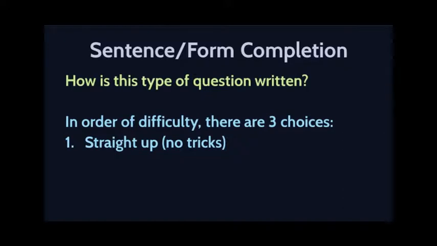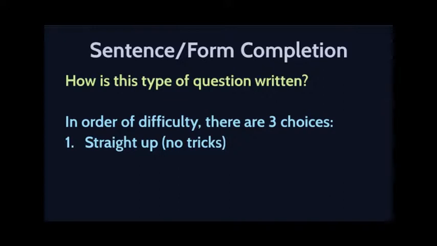There are three choices for the test writer. We can go, and this is the easiest, straight up, no tricks. There's no traps, no difficult spellings, no difficult numbers or anything. You just have to listen closely and listen for the 1-word or 2-word or 3-word phrase or a number. You often get this type in forms, not so much in sentences.